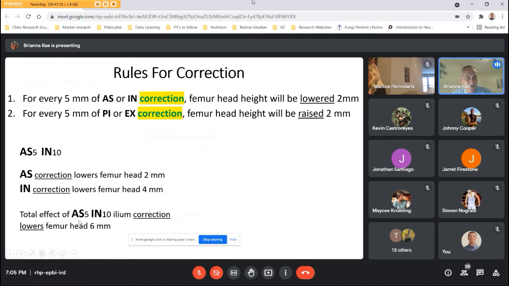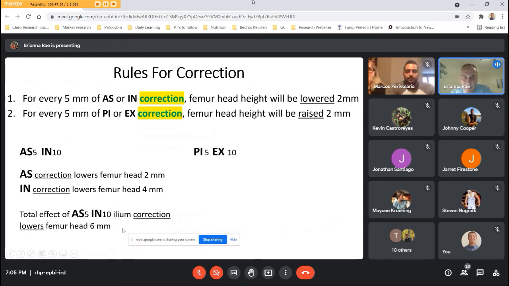So the total effect of AS5, IN10 ilium correction would be to lower the femur head, because we know the misalignment raises the femur head. If we're going to correct it, we're going to reverse the direction. So we're going to lower the femur head by 6 millimeters.